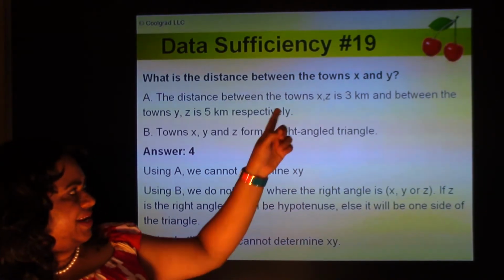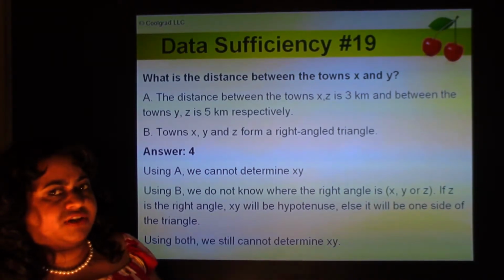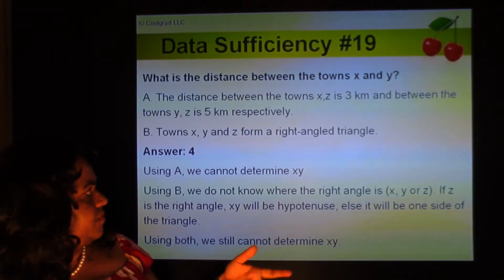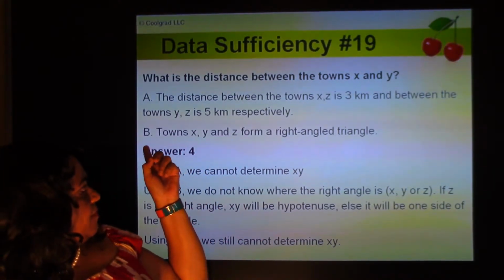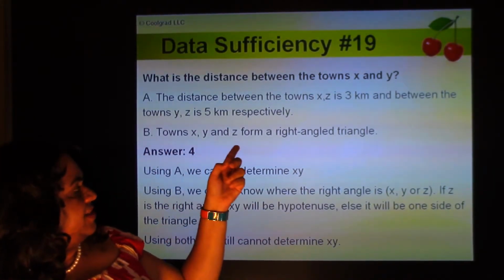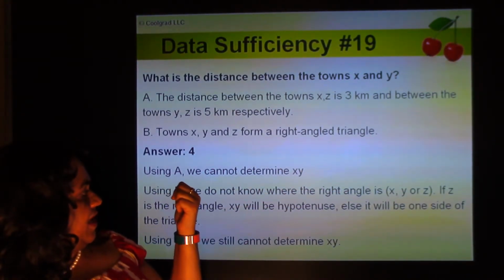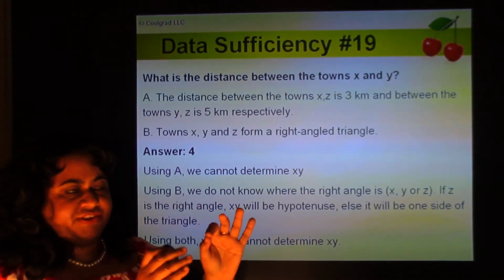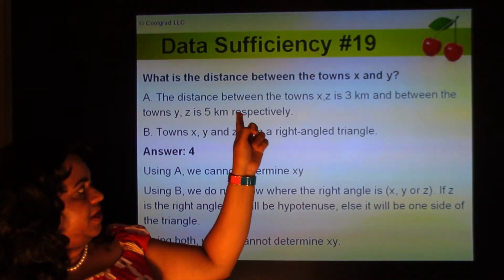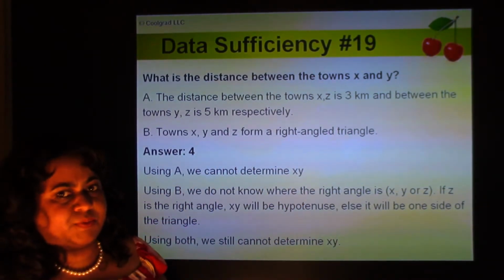So we know XZ and YZ, but we don't know the distance between X and Y. Statement B. Towns X, Y and Z form a right angle triangle. So using A, we cannot determine the distance between X and Y. There's a point Z here somewhere, and X could be here and Y could be here or Y could be here. We don't know the distance between X and Y.